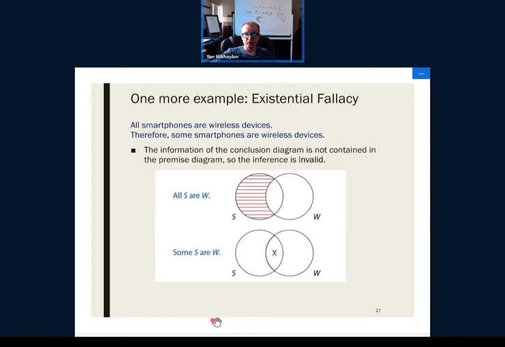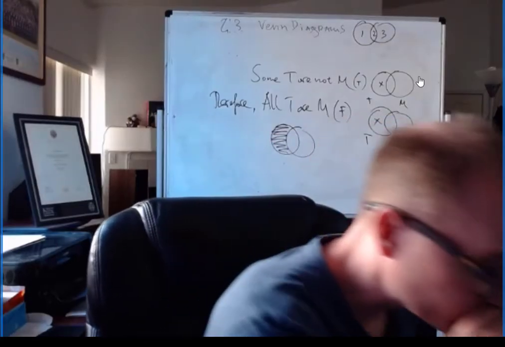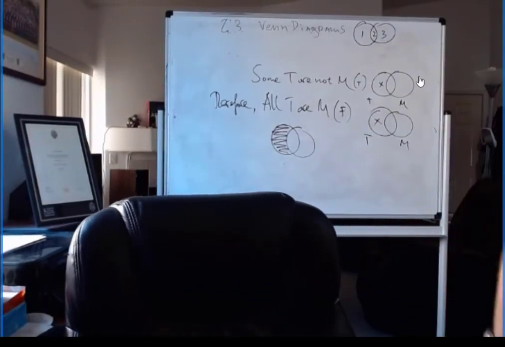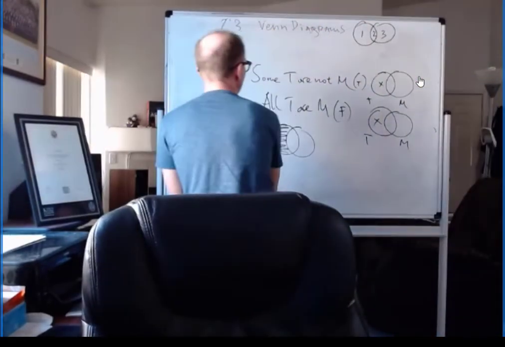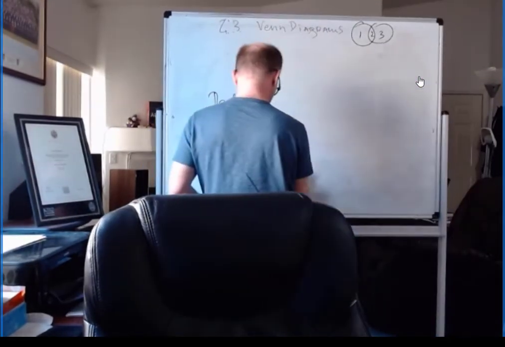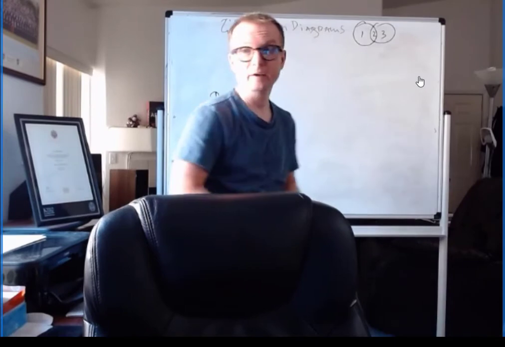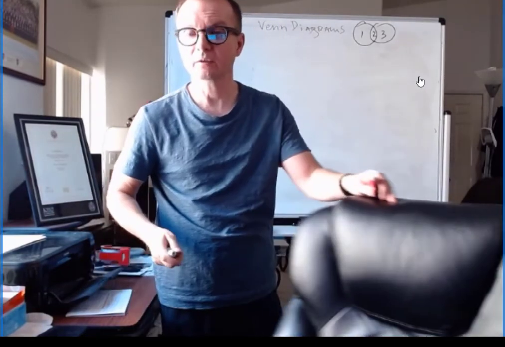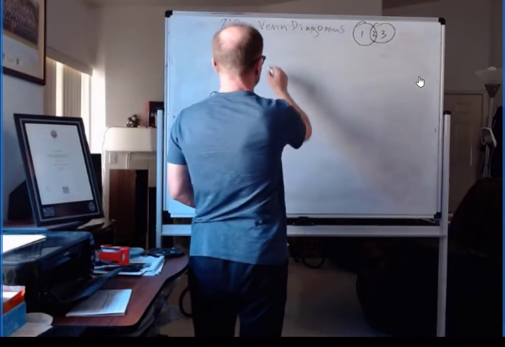Another example. Now, this is what is known as existential fallacy. And this is another interesting example. Let's again take a look at it on the board to explain a little bit better what is going on here. You approach it in exactly the same way. Okay, so you have given: all smartphones are wireless devices.